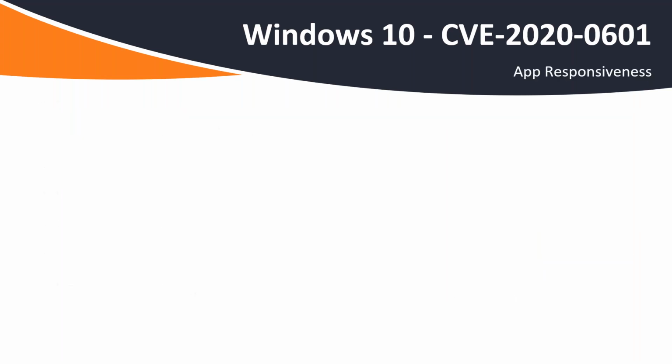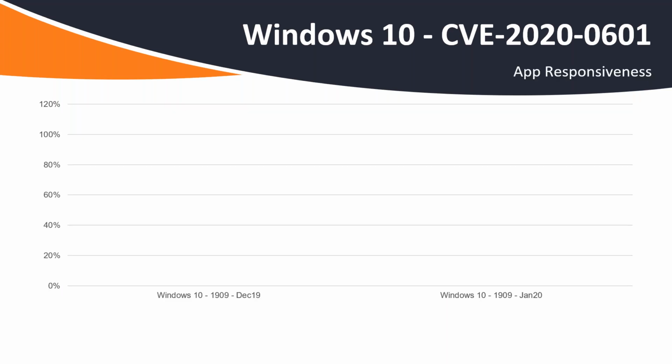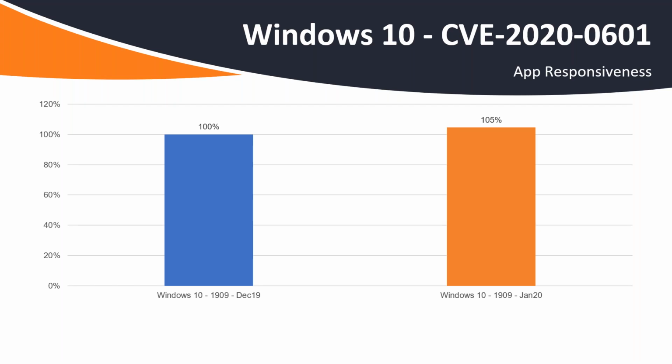And application responsiveness was going up as well. So security patches are not all that bad, but you just have to find that balance between what your security team wants, what you think is reasonable, and what the actual performance versus app responsiveness will be.